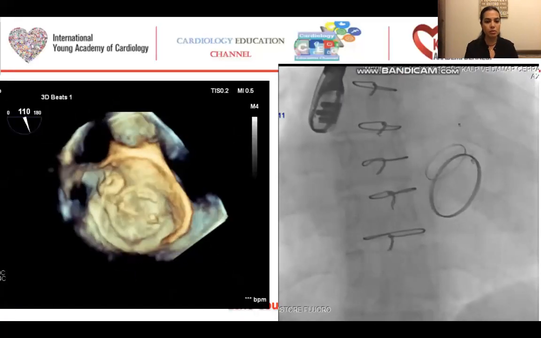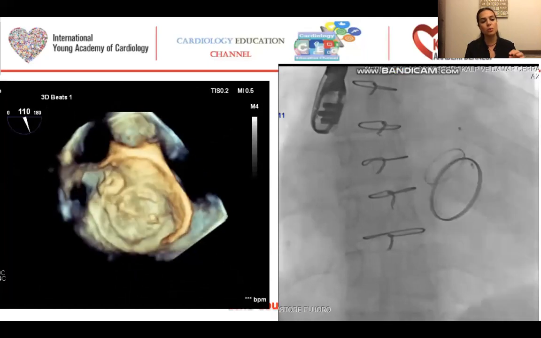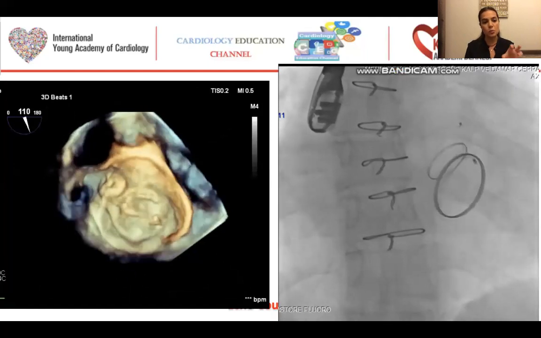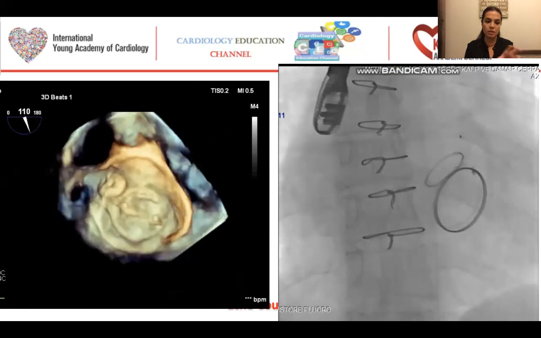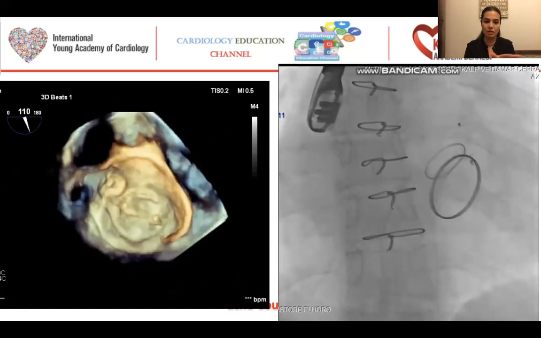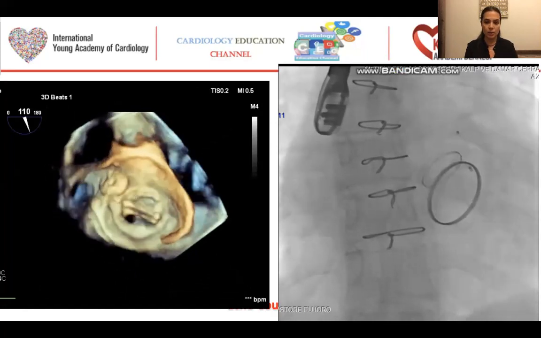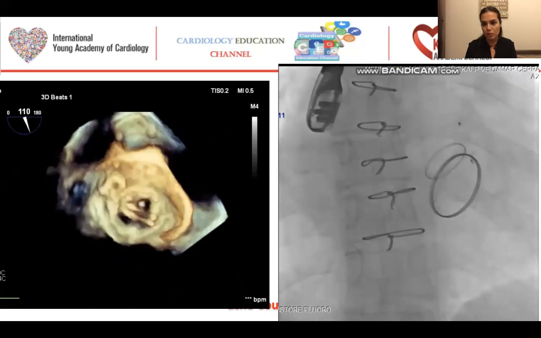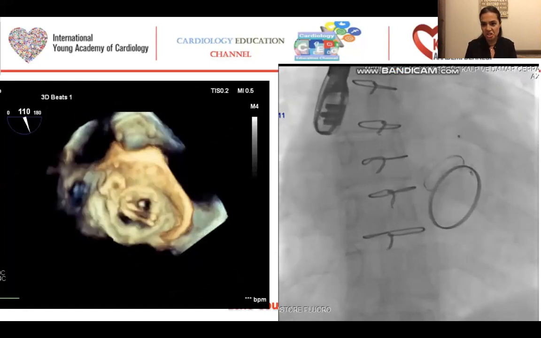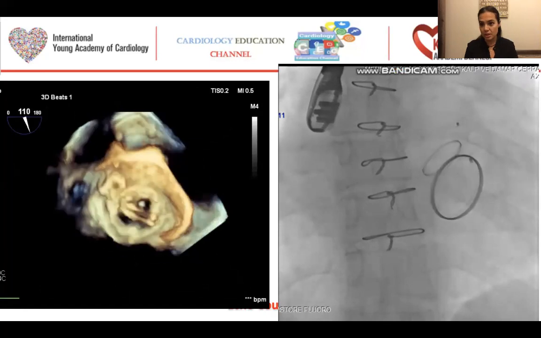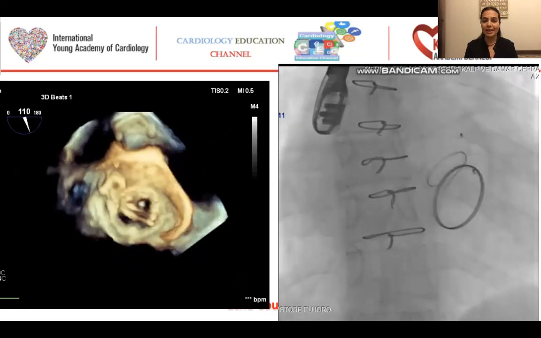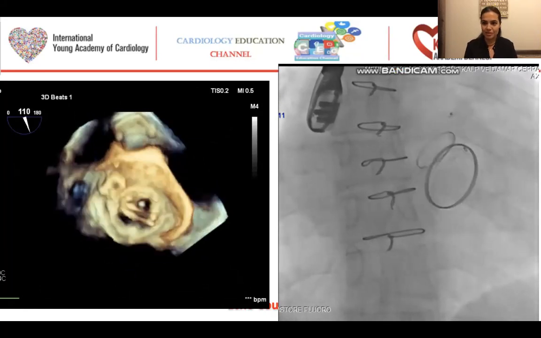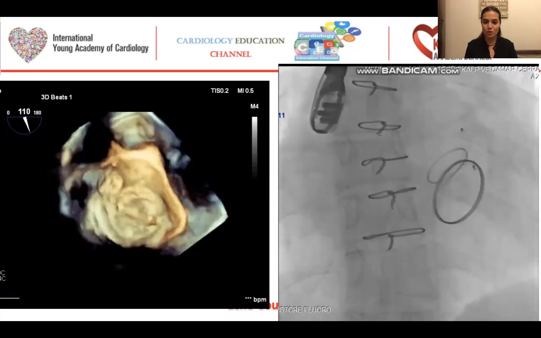And in the 3D image, you can also see that we put the device where we wanted to put it, the lateral 9 to 11 o'clock area. But again, in the fluoroscopic view, the device is just near the aortic valve. So again, he was a little bit confused.